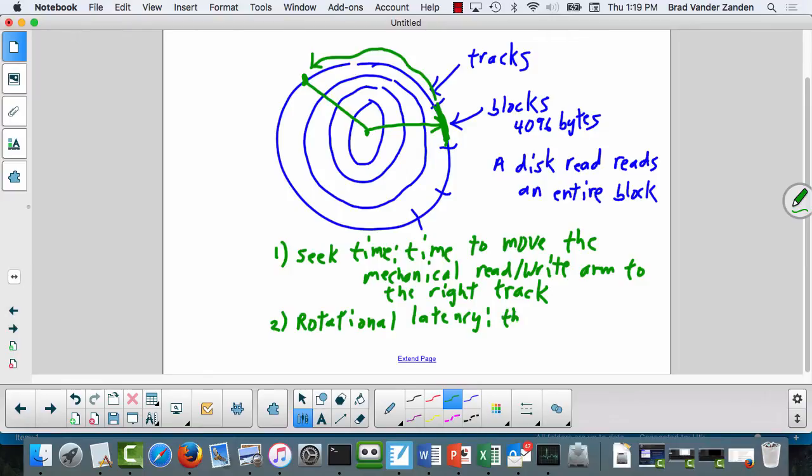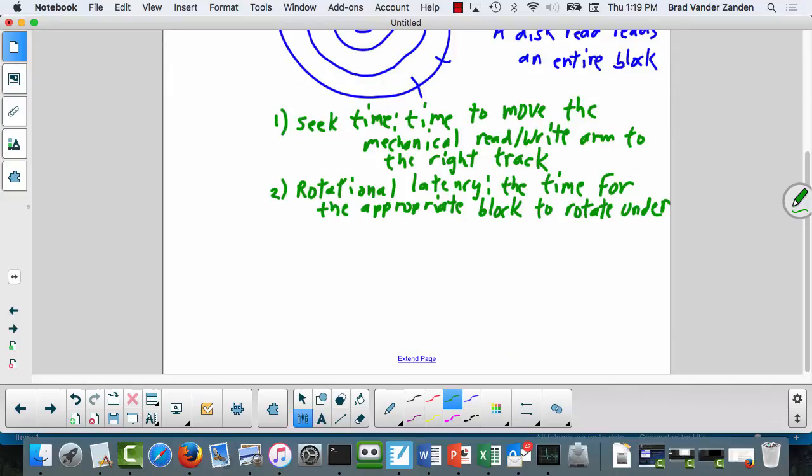It's the time for the appropriate block to rotate under the read-write arm.